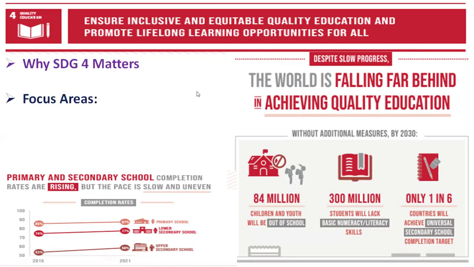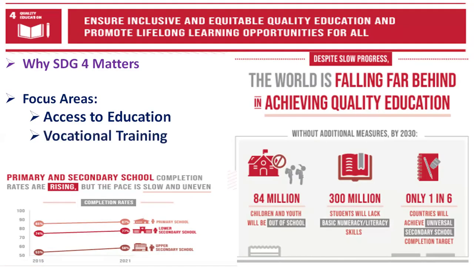For this, the focus areas, number one, is access to education: ensure free, equitable, and quality primary and secondary education for all children, improve access to early childhood education, tertiary education, and special education for marginalized groups, including girls, refugees, and children with disabilities, and expand access to technical and vocational education and training to enhance employment opportunities and support economic development, promoting skills relevant for the job market, such as digital literacy and entrepreneurship.